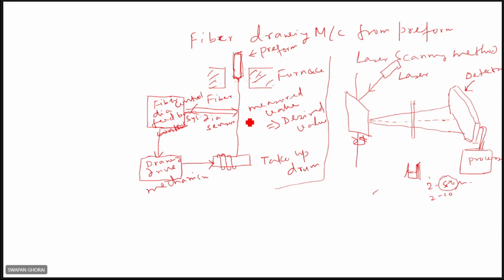The speed of the drum decides the diameter of the fiber.